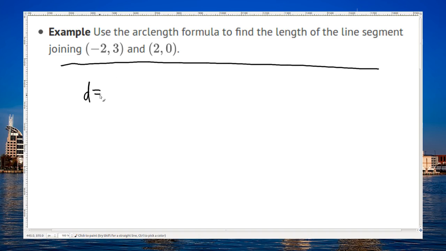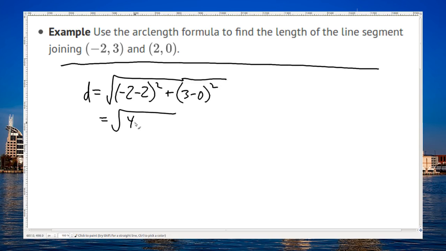The distance between 2 points would be the square root of -2 minus 2 squared plus 3 minus 0 squared. So that'd be the square root of 4 squared plus 3 squared. The square root of 25 is 5. All right, so there's the answer.